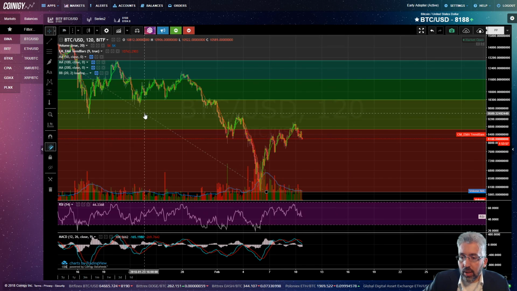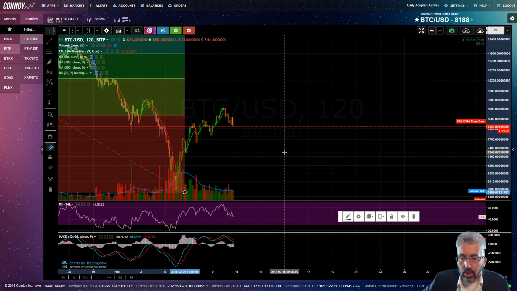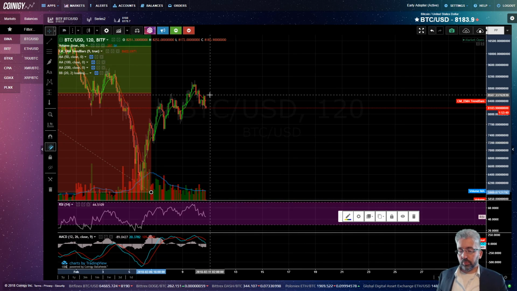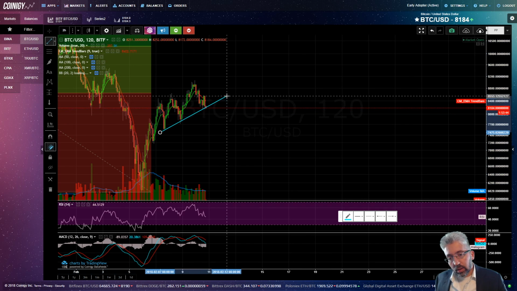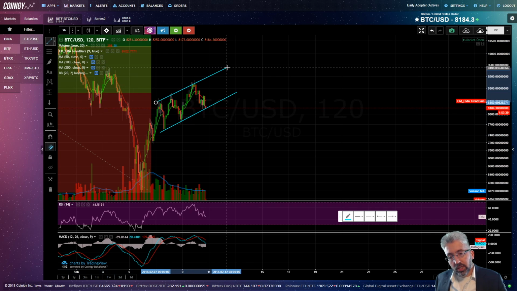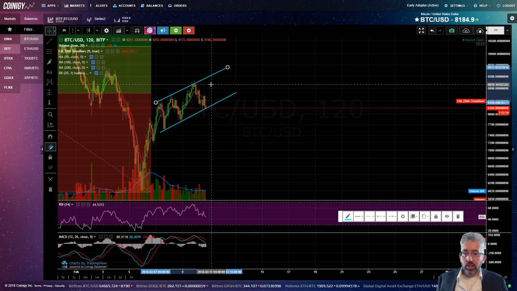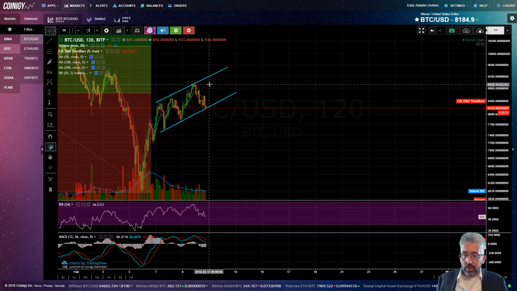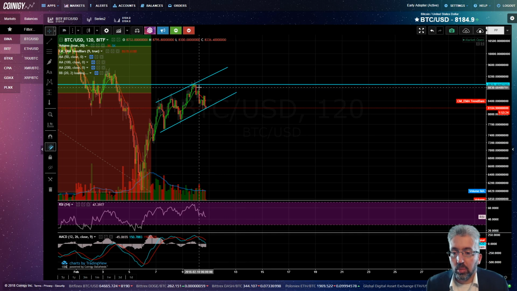So let me remove these extended lines, because what we see here is it looks like a channel is forming right here around these prices, and so we might just be testing this level, which is basically 9,800, so let's call it $9,000. This will be the next big resistance to break through.